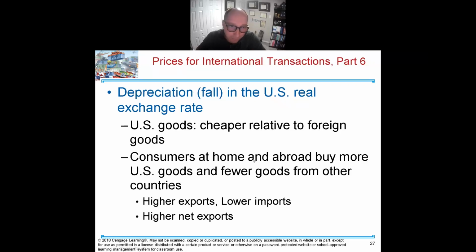But don't worry too much about all that. It's the concept that's important, not necessarily the calculation. Exchange rates go up and down. It depends on the goods and services, and also depends on the value of the dollar.